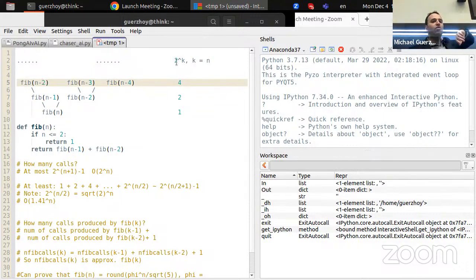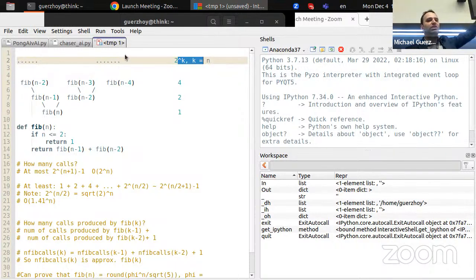So it's an overestimate to say that on this level there's going to be 2 to the n. In fact, there's just going to be 1. But as an upper bound, we can say, well, if this level is full, it's going to have 2 to the n calls on it. Right?